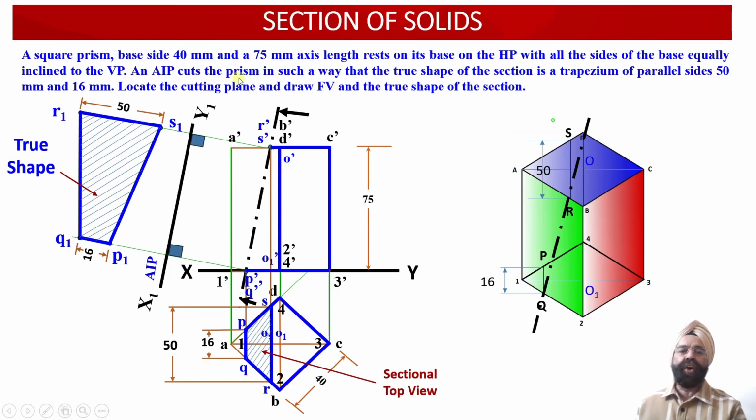when the square prism is intersected by an auxiliary inclined plane in such a way that the true shape projection of the cut section is a trapezium having parallel sides 50 millimeter and 16 millimeter respectively. So this is all for today.